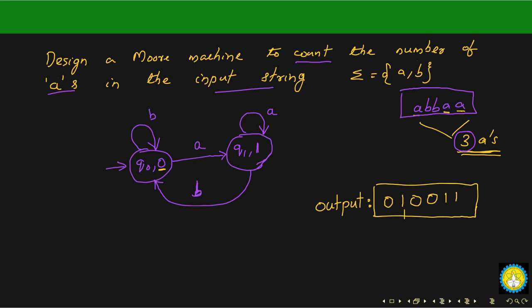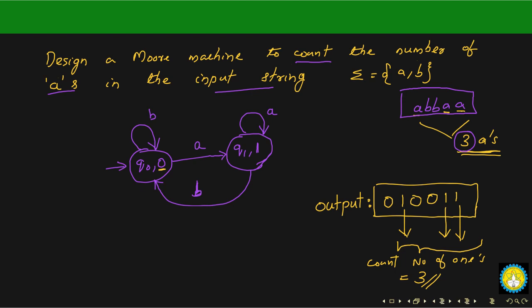Whenever we got an A, we have marked it as a 1. If you count the number of ones here, it is going to be 3, and that's our answer.